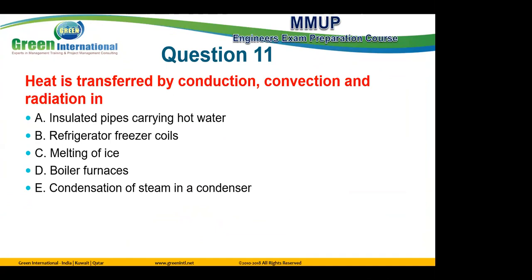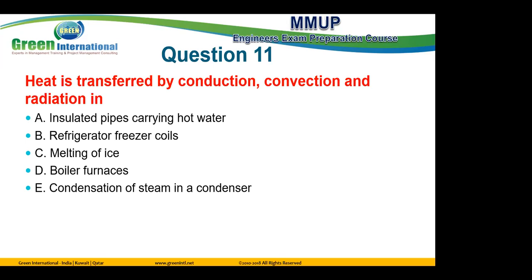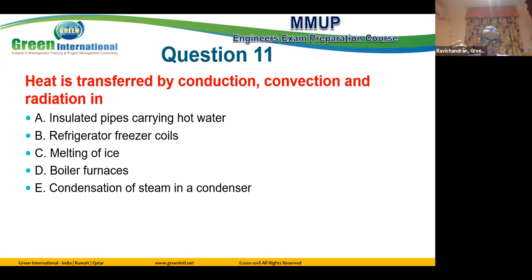Melting of ice, condensation of steam, triple point? Any more answers? Solid, liquid, and gases. I think melting of ice. No, not melting of ice. The middle one, where all three happen: conduction, convection, radiation.